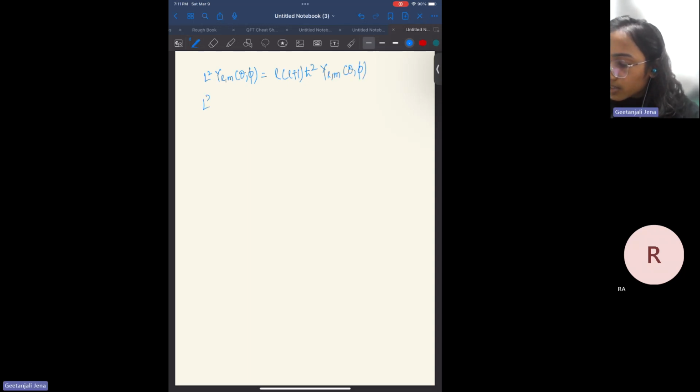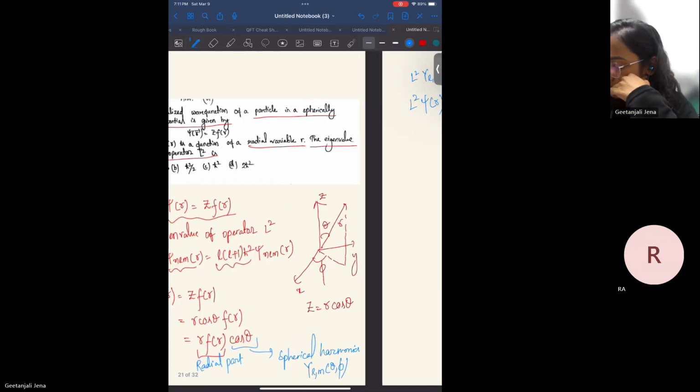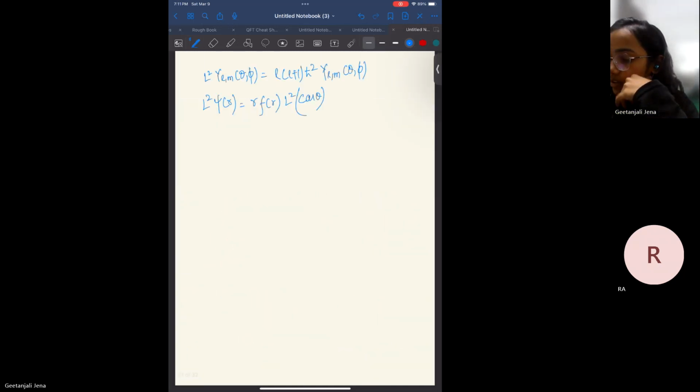So that means when L square acts on this psi of r that is given to us, it will not act on the radial part, but it will act on this cos theta, right? So what you have to do is compare this Y_lm with the standard form. So Y_lm is cos theta, right?